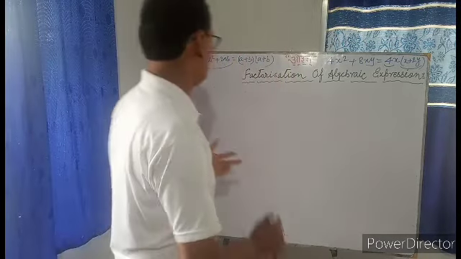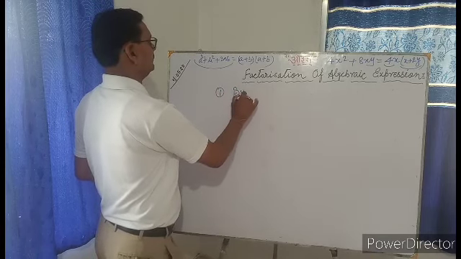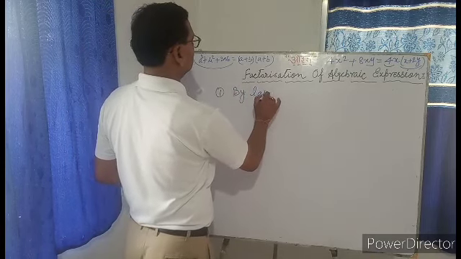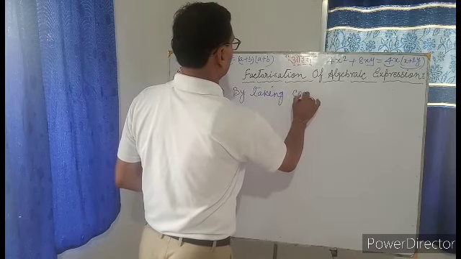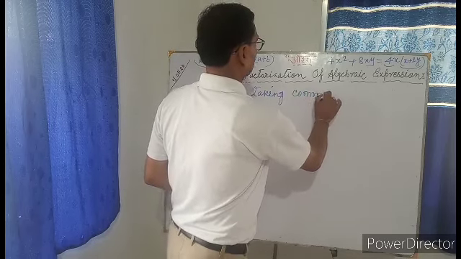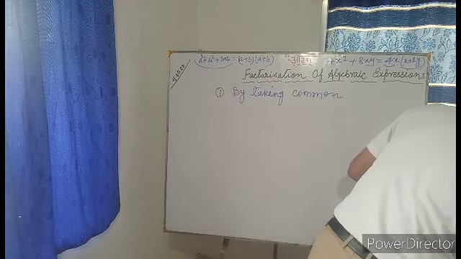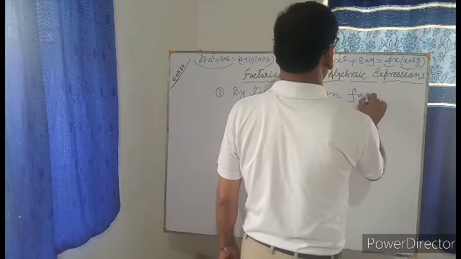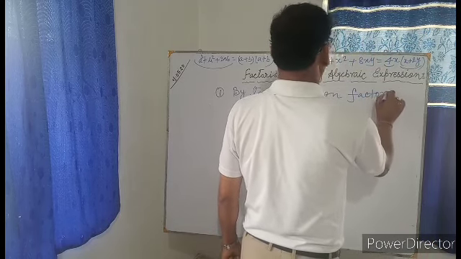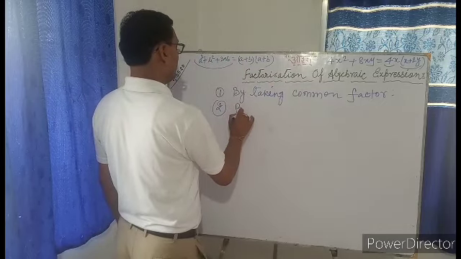First of all, by taking common factor out, and another method is by using identities.